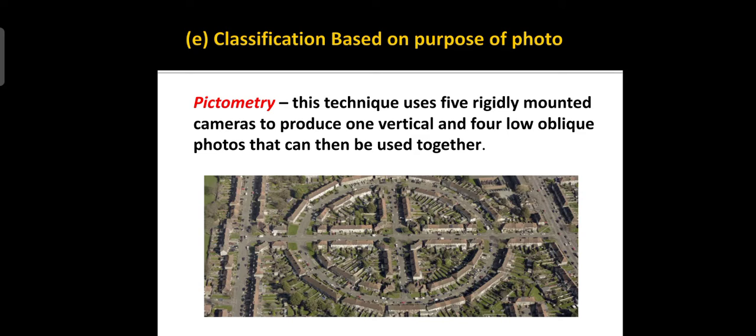We can have up to 12 low oblique cameras and one vertical camera. We use all the photos to stitch together to form the pictometry image. The importance of this is that when we stitch together all the photographs, we create composite area maps that span many more areas of the terrain. We can have a large area coverage with this type of photography.